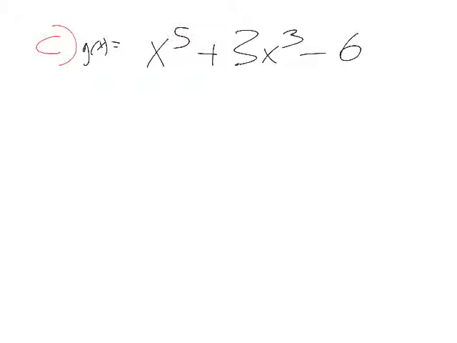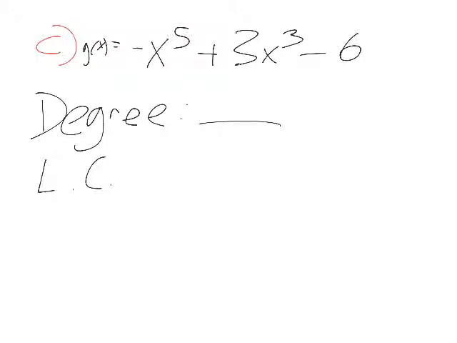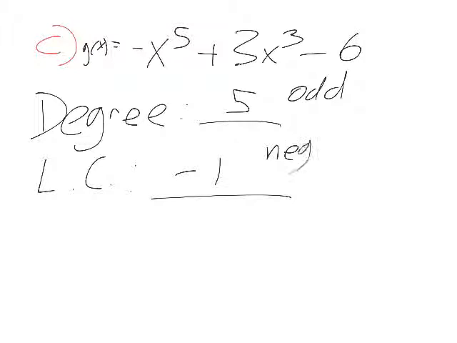So write down your degree and write down your leading coefficient. All right, degree is odd. Leading coefficient is negative. Odd means they go opposite directions. The negative means the right end goes down. So what you would see, and again, I don't really know what this does between those 2 arrows, but it goes up to the left and down to the right.